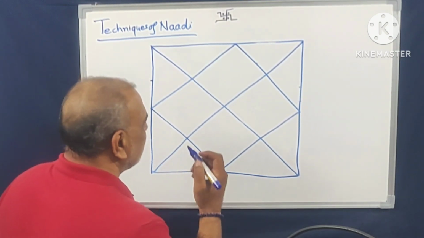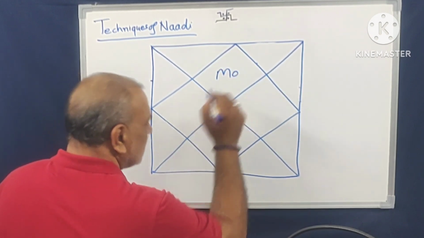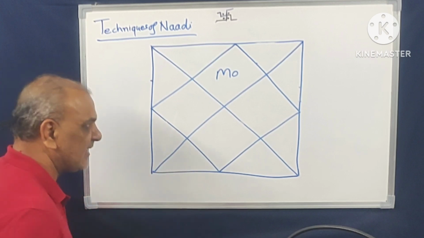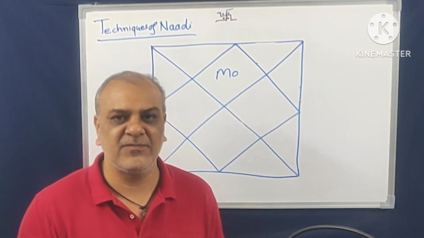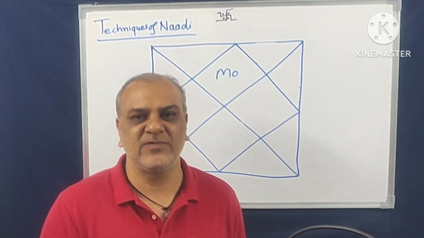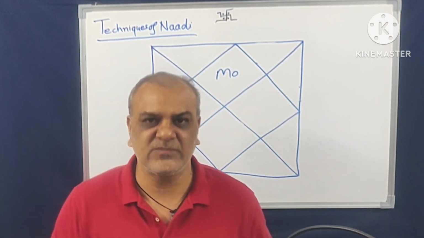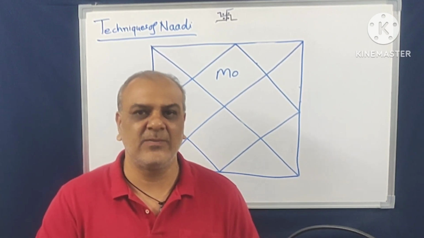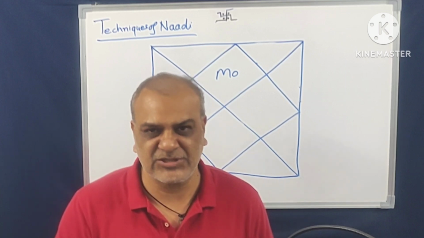If you analyze a male chart and let's say Moon is placed here, and in progression, because in Nadi we don't use transits, or we use transits, but there are certain rules we need to follow. Today I am not using transit, I am only using progression.